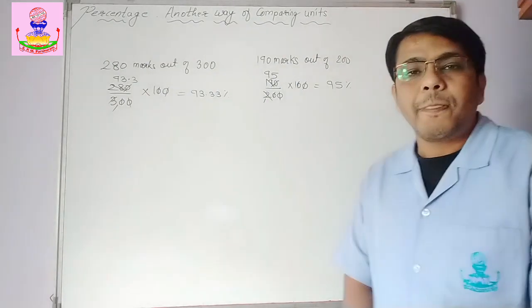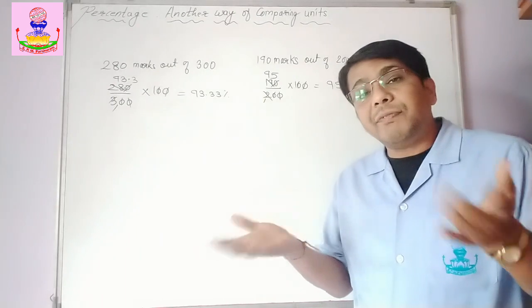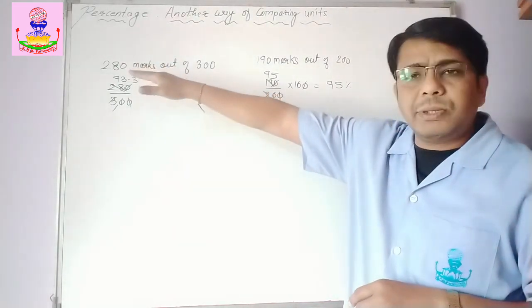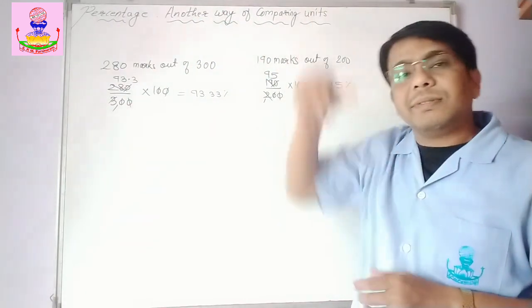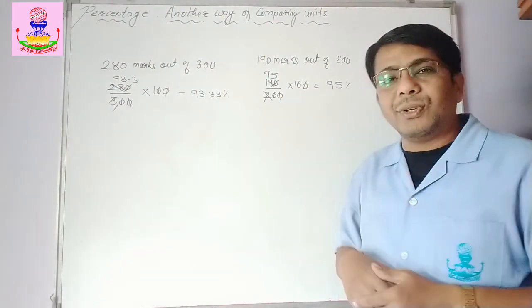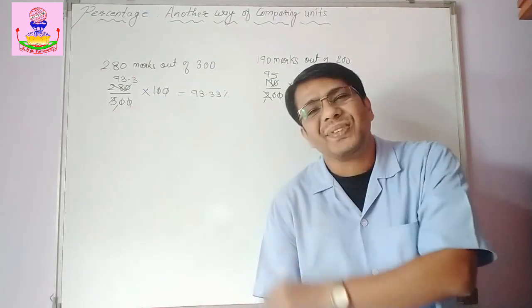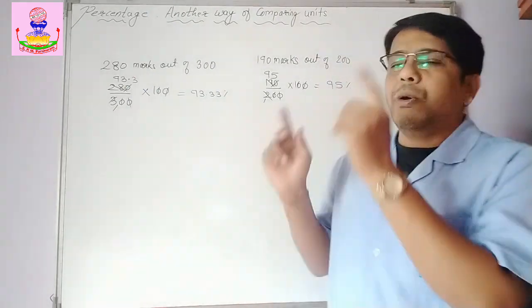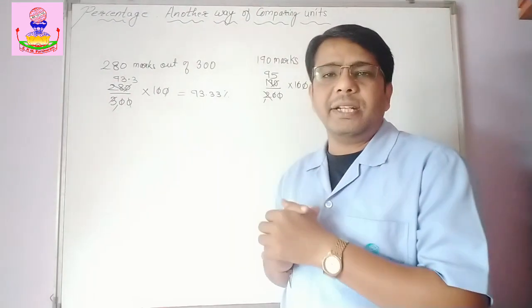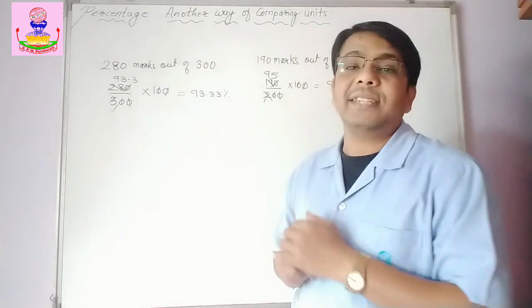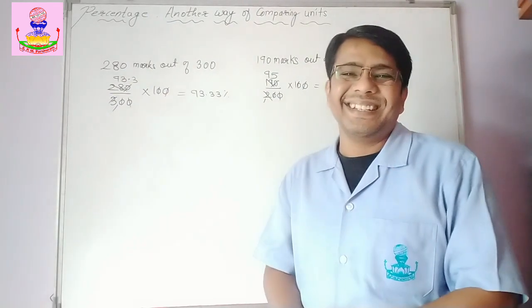Now here, what we have done: if you see initially, the marks Sajari scored were out of 300 and the marks Ayush scored were out of 200. So we were not able to decide. So what we did, out of 300 she scored 280, so out of 100 how many?